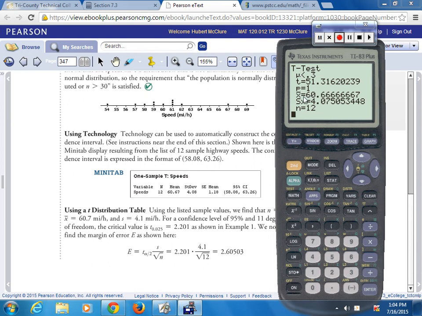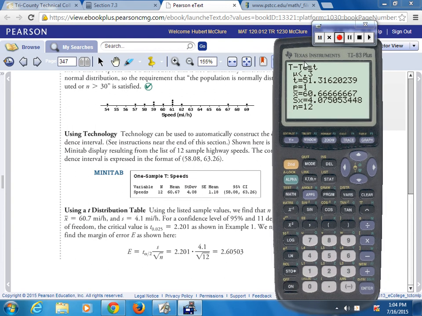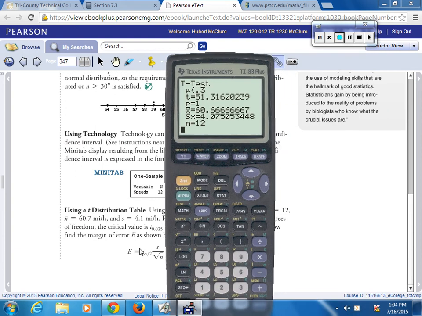But it's giving us the X bar. But we got to find the margin of error. So there's your handy dandy formula for the margin of error. It should give you the margin of error, and I think it will here in a few minutes. So let's go find the margin of error.